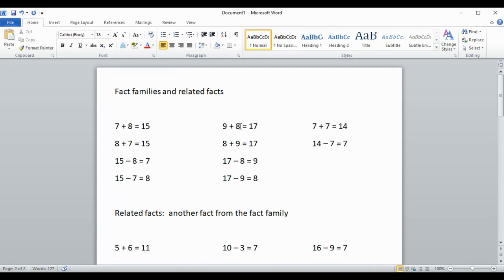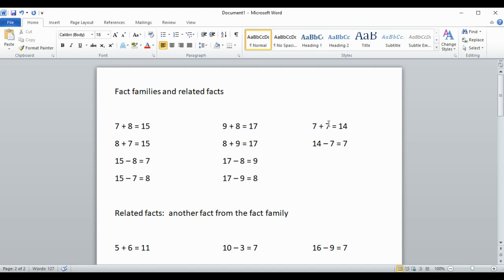Here's one. 9 plus 8 is 17. 8 plus 9 is 17. 17 minus 8 is 9. 17 minus 9 is 8. Now, the reason this one only has 2 members is because these 2 numbers are exactly the same. 7 plus 7 equals 14. Well, if we were going to reverse these two, like we do here, we have 9 plus 8, then 8 plus 9.